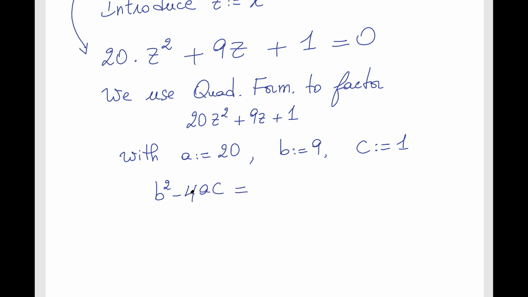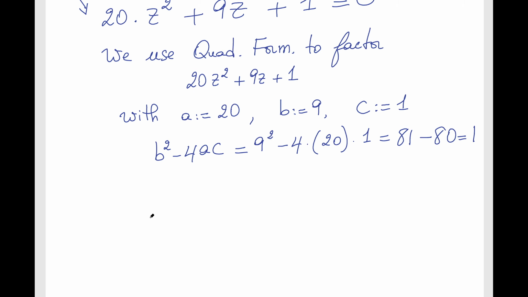Well, the discriminant is b squared, which is 9 squared, minus 4 times a, which is 20, times c, which is 1. What's 9 squared? 81, minus 4 times 20 times 1. Well, 4 times 20 is 80, and this is simply 1, right?